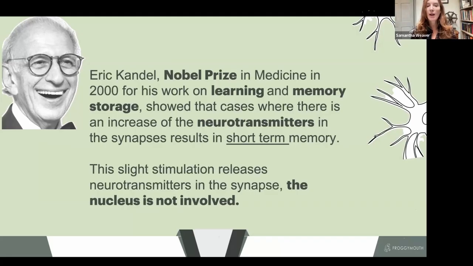So this man is Eric Kandel. He won a Nobel Prize in medicine in 2000, looking at learning and memory storage. And what his work showed is that cases where there's an increase of neurotransmitters in the synapses results in short-term memory.